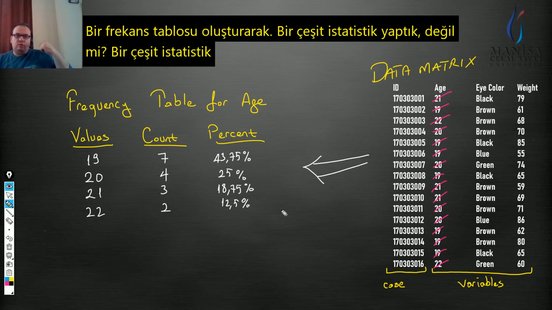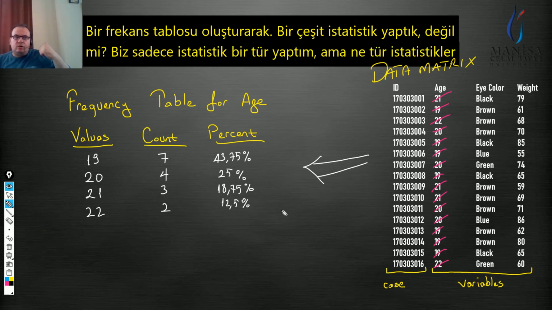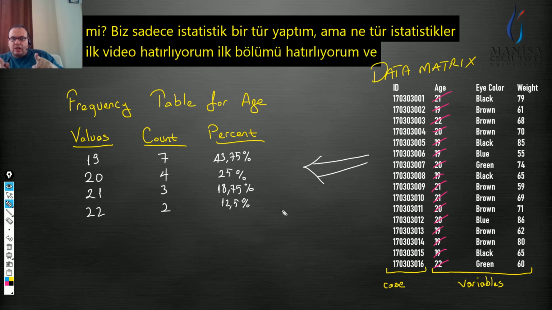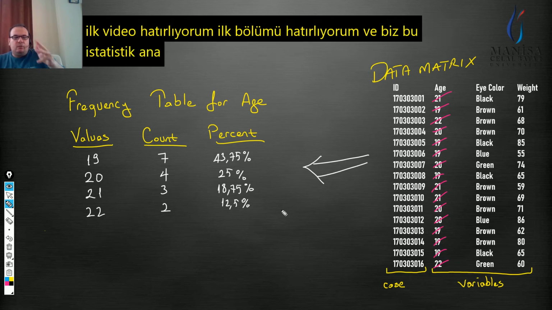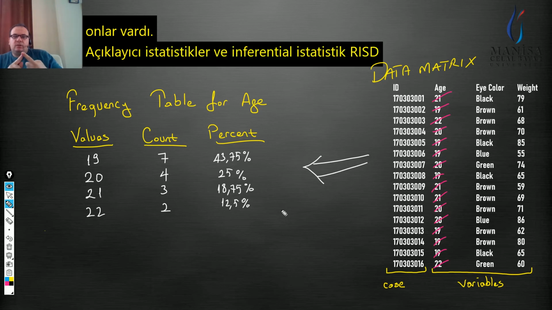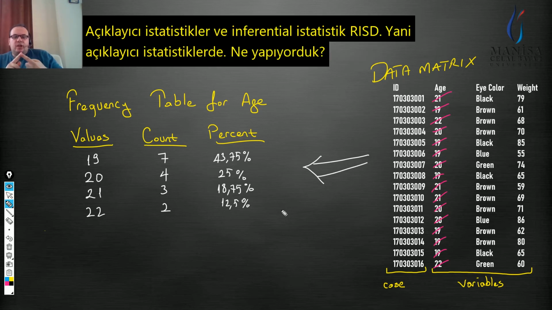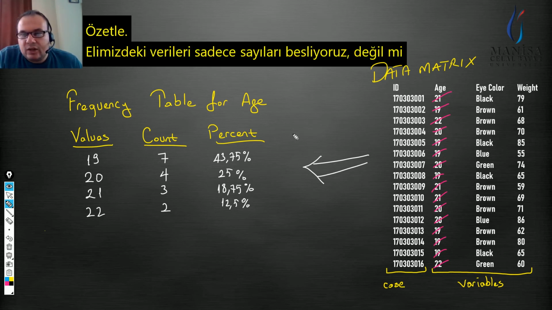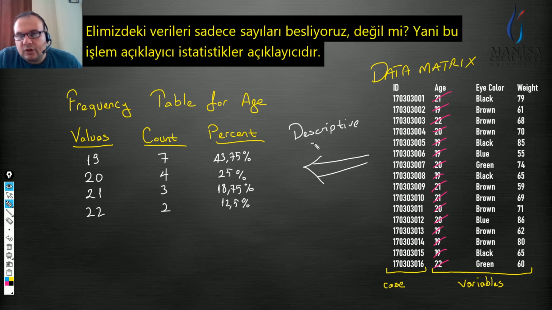Remember the first video, we learned about the main types of statistics, descriptive statistics and inferential statistics, right? In descriptive statistics, what were we doing? We just summarize the data we have with just a few numbers, right? So this process is descriptive statistics.